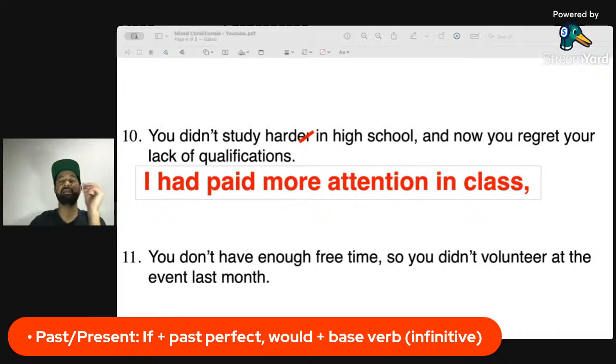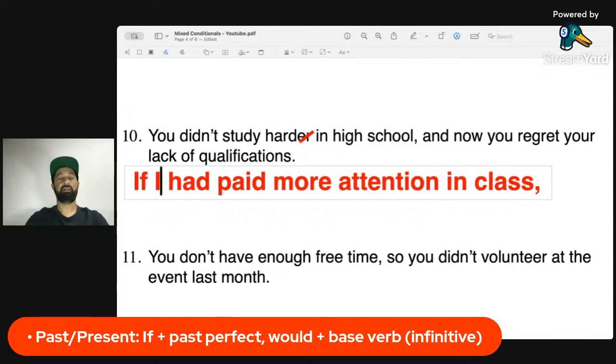Okay, that's the beginning part of my sentence. One sec, I've got it all written wrong here. I forgot my actual conditional. If I had paid more attention in class, then we're going to use would and a base verb.